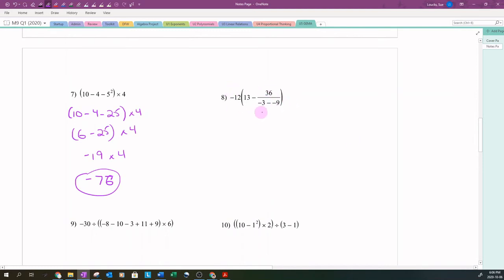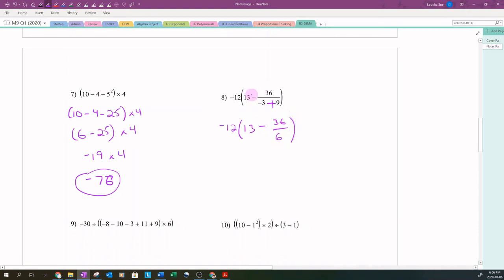Okay, here's another one with a minus minus. I'm just going to change that to a plus, just like that. Then I'm going to do what's inside the bracket. So this is negative 12 times 13 minus 36 over negative 3 plus 9 is 6.